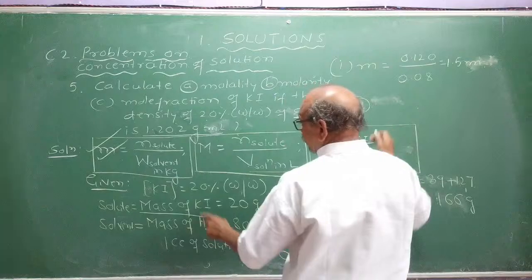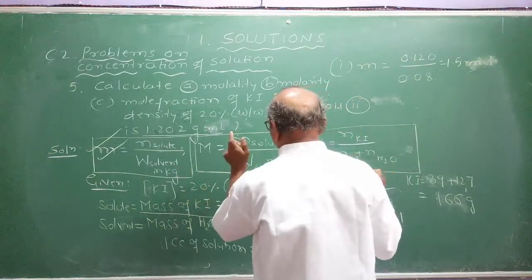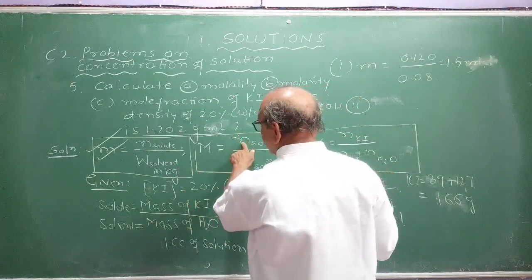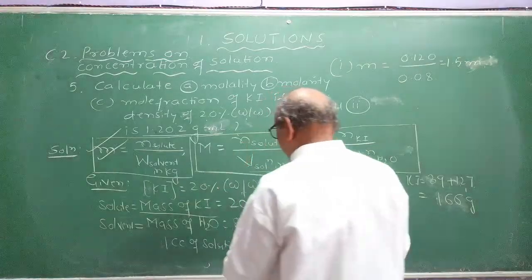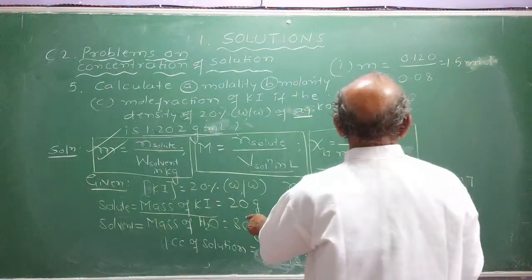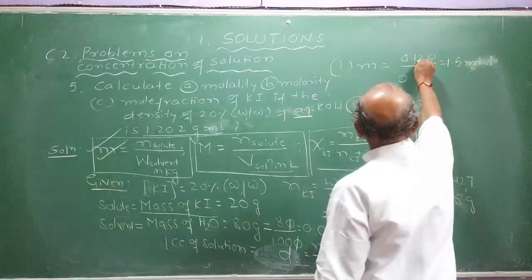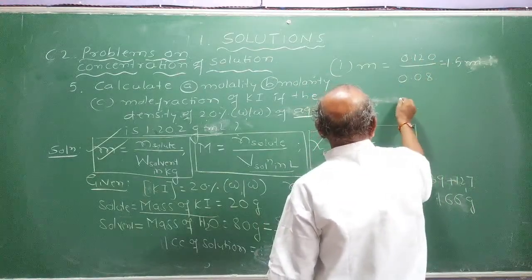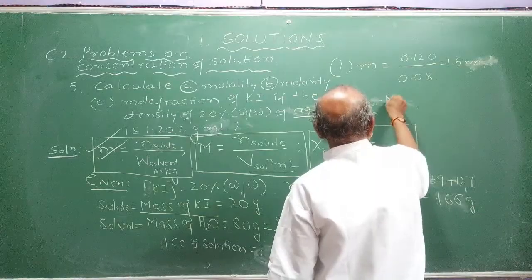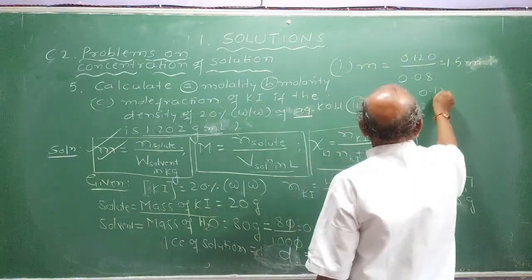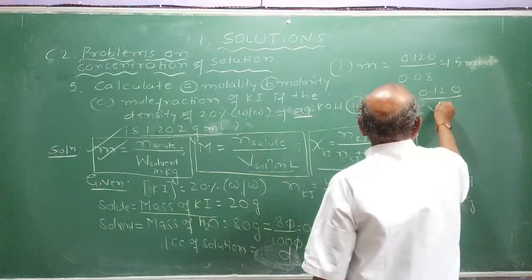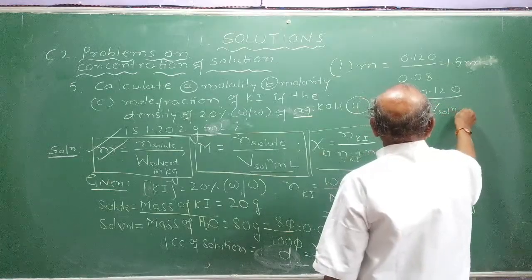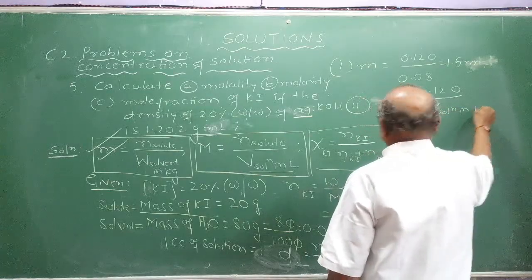To get molarity, we want the number of moles of the solute already ready. The number of moles of the solute is 0.120. Numerator is ready. But you have to get the volume of the solution in liter.